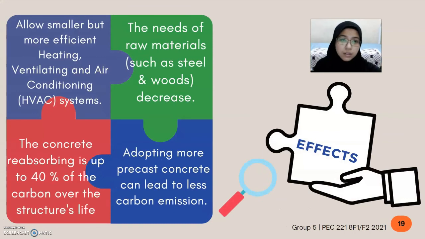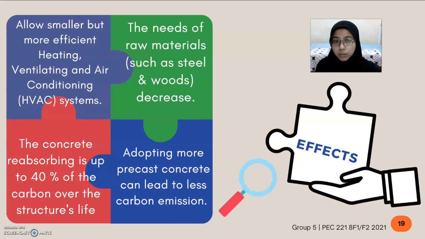So the effect that precast concrete has is that it allows a smaller but more efficient heating, ventilating and air conditioning system within the house. So this insulation installed within the wall panels can increase the thermal efficiency and provide continuous insulation within the wall.